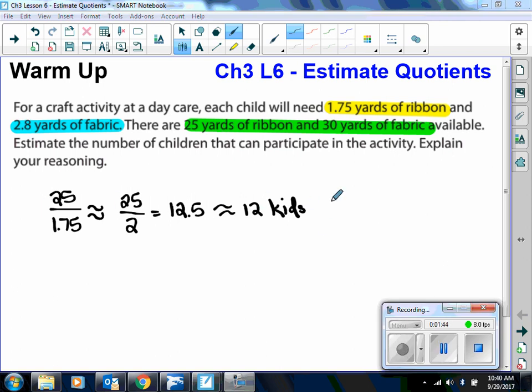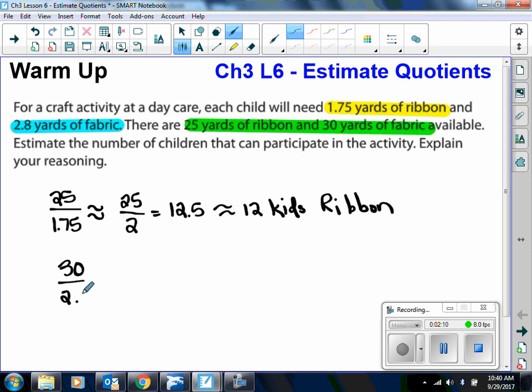So this is for the ribbon. Let's write ribbon here just so we know what we're talking about. Now we need to find out how many kids can get some fabric. So we've got 30 yards of fabric, and each kid will need 2.8 yards of fabric.